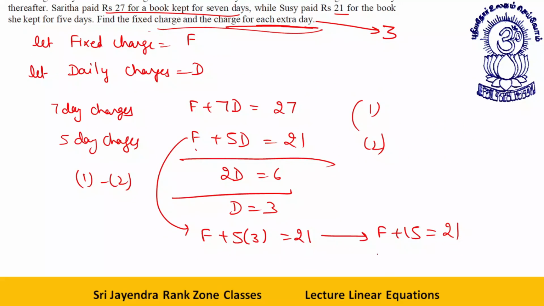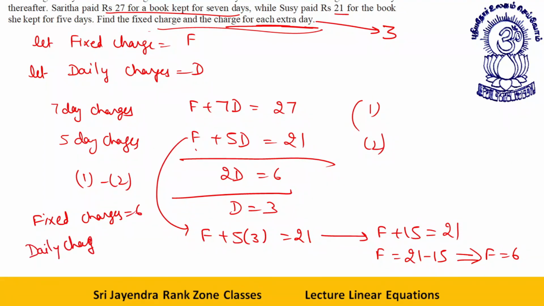So F will be 21 minus 15, or F is equal to 6. So fixed charge is 6, daily charge is equal to 3. Clear, dear students?